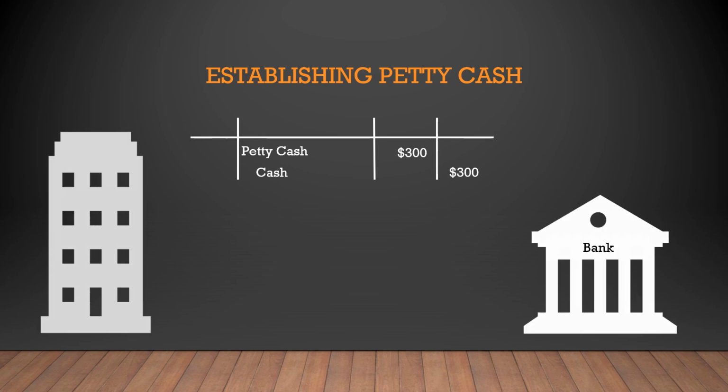To elaborate, we sent one of our employees or co-workers to the bank, where he or she cashed a check on behalf of the company, or maybe withdrew money from an ATM using a company card. In either case, he's taking $300 of physical cash out of the bank and bringing it back to the office.